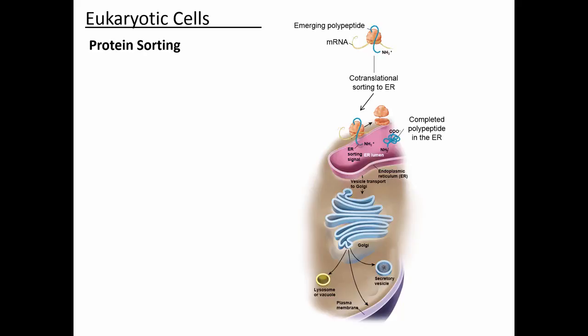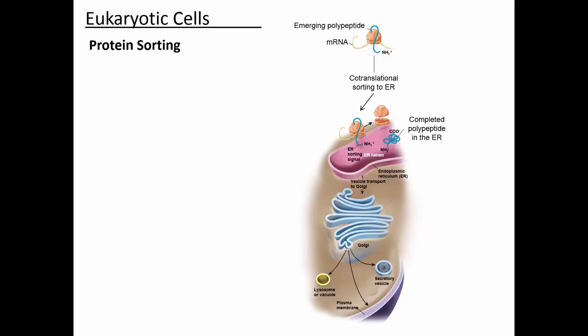Some of those proteins will stay in the Golgi, whereas other proteins sent to the Golgi from the ER may end up being sent to the outside of the cell, the plasma membrane, or a lysosome or a vacuole. So in this pathway the protein can end up in several different areas within the cell. Again, that depends on the protein you're talking about.